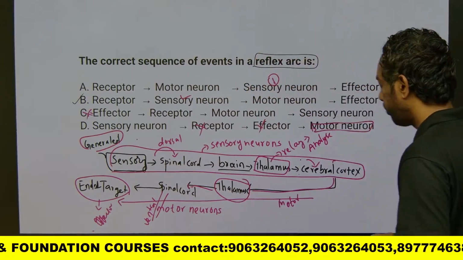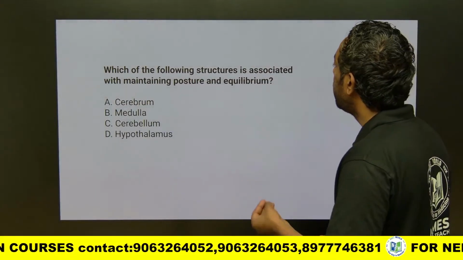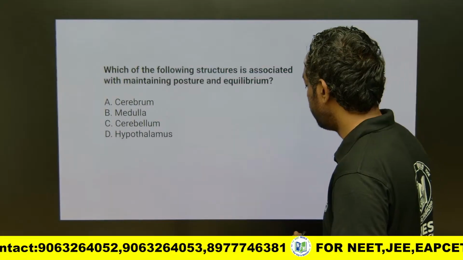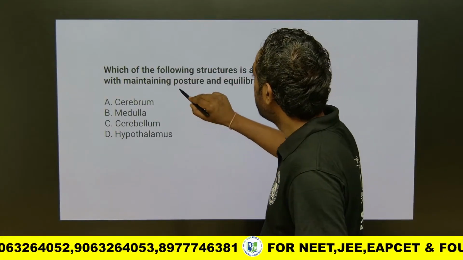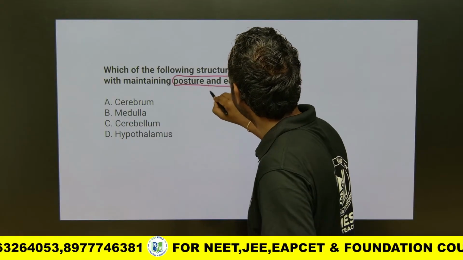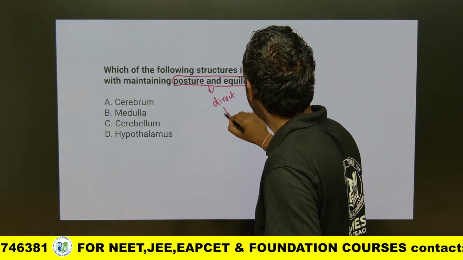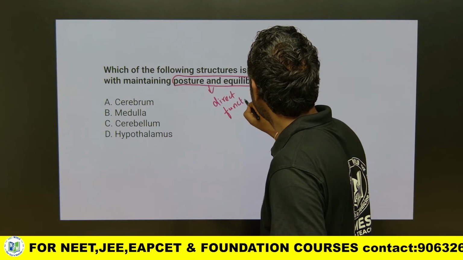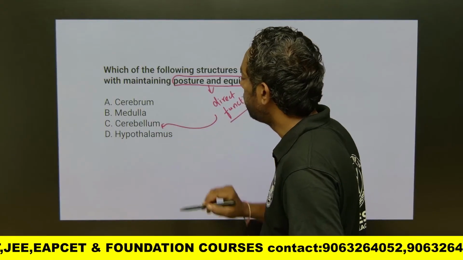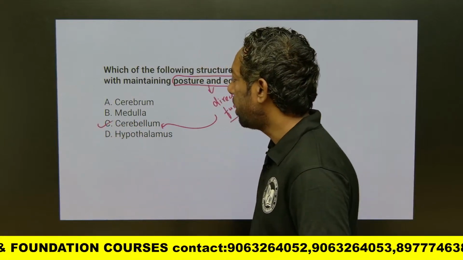Next question. Which of the following structures is associated with maintaining posture and equilibrium? This is the direct function of the cerebellum, not cerebrum. So option C is the right option.